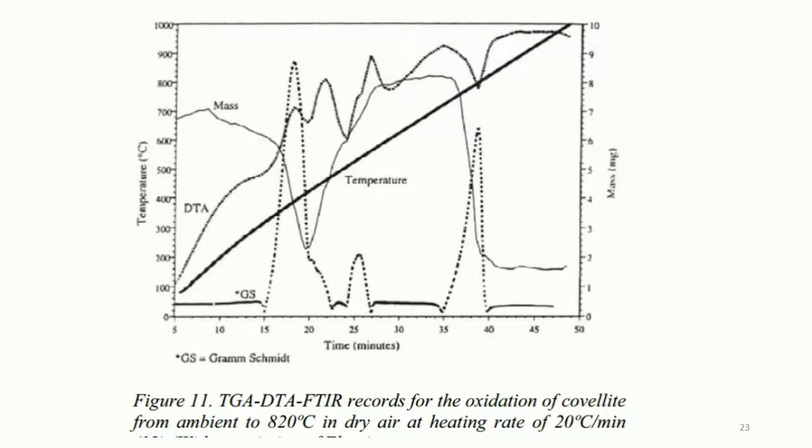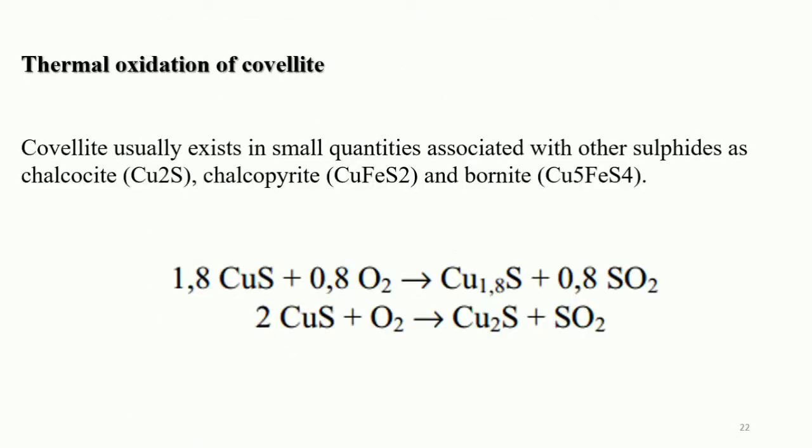In this picture we can see the reaction: 1.8 CuS reacts with 0.8 oxygen and changes into Cu1.8S and 0.8 SO2, while in the same temperature range we can also observe the oxidation of CuS to Cu2S and sulfur dioxide gas.